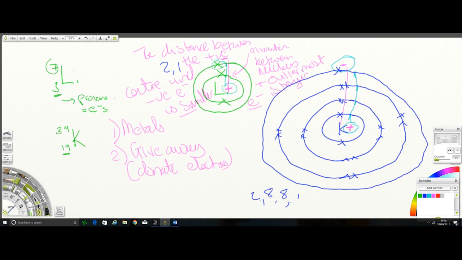There's not much shielding between the positive nucleus and the outermost electron. And so why is this less reactive? Because there is less shielding, and so it is difficult for an electron to be lost.